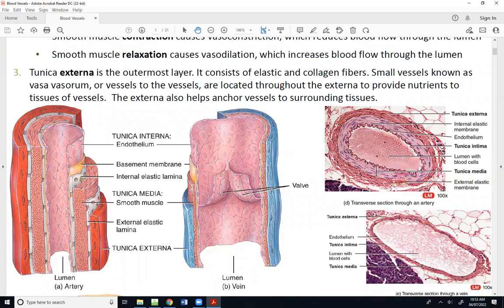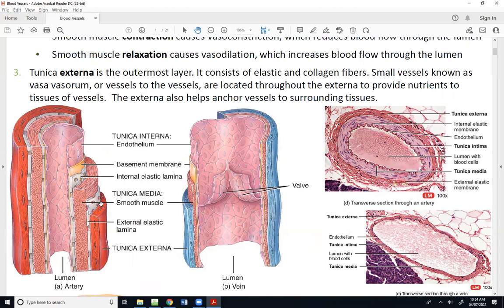And therefore, when we talk about veins contracting their muscle, it's not as drastic a response as it would be in arteries. And so the actual constriction of a vein is called venoconstriction, whereas if it's dilated, we would call it venodilation, which is something that really is not as prominent as what we see in arteries.